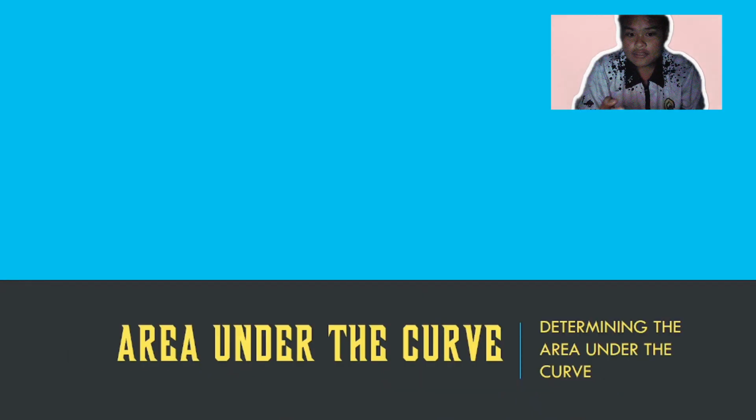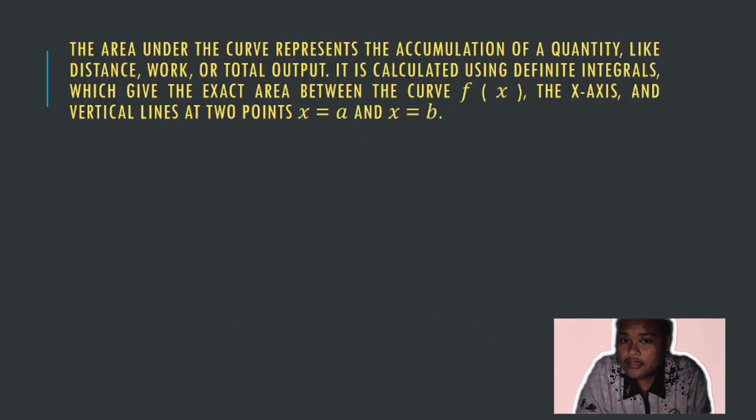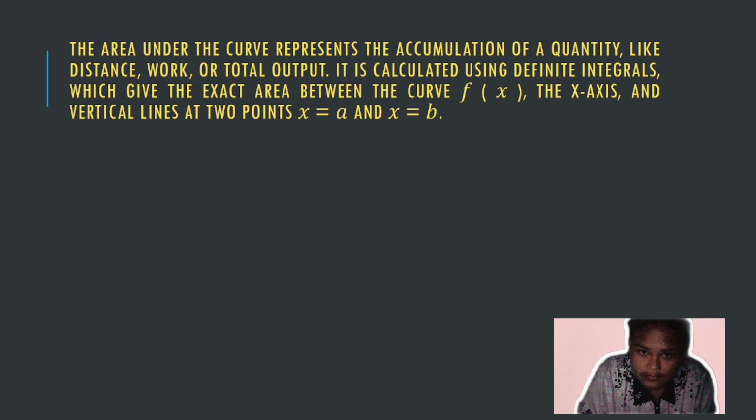Now, area under the curve. Determining the area under the curve. This is a representation of the accumulation of quantity like distance, work, and the total output. It is calculated using definite integrals, which gives the exact area between the curve f of x, the x-axis, and the vertical lines at 2 points: x is equals to a and x equals to b.